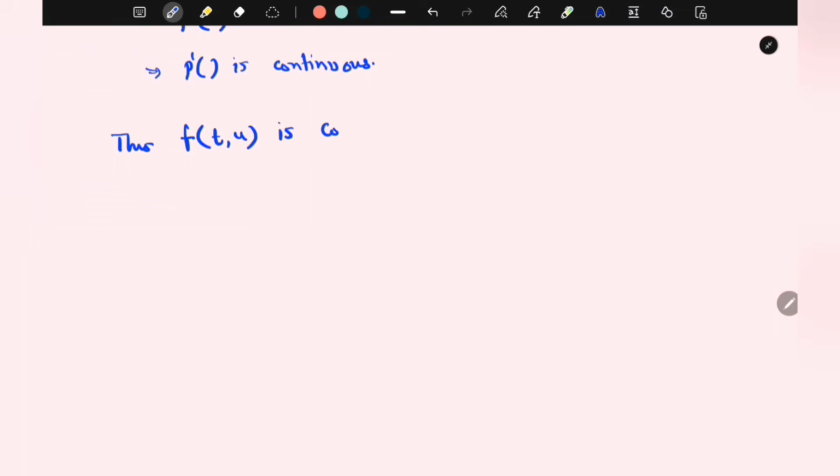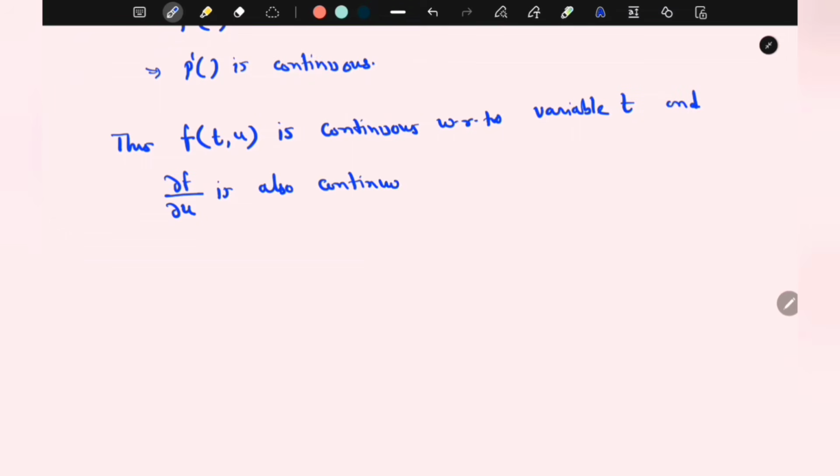Thus f(t,u) is continuous with respect to variable t and its partial derivative with respect to u is also continuous.